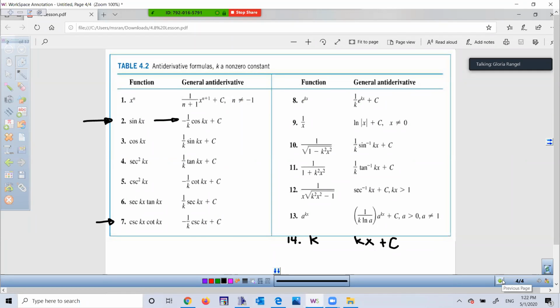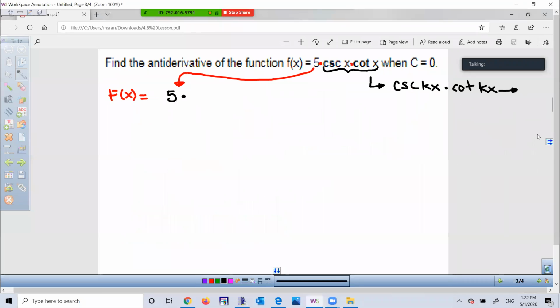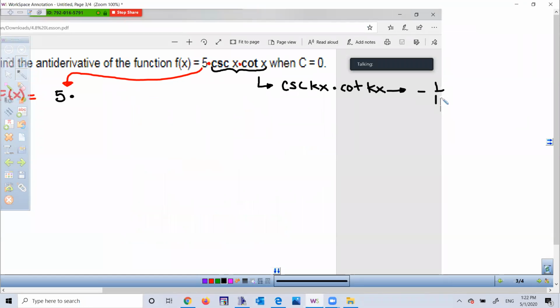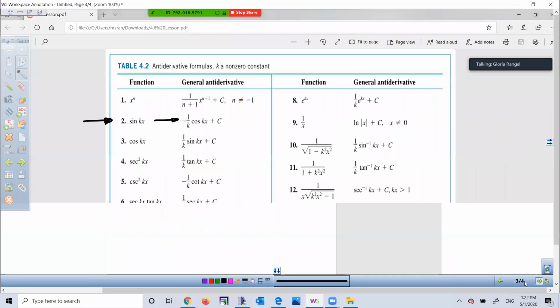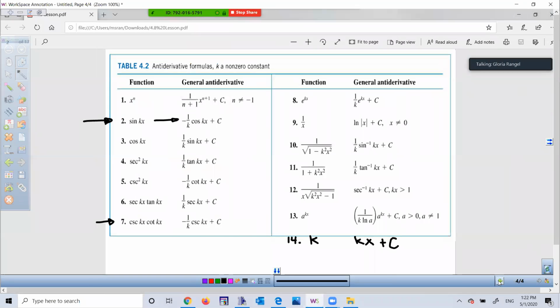So let me take this to the other slide. Negative 1 over k times cosecant of kx plus the c. If you see, I just copied exactly what's here.